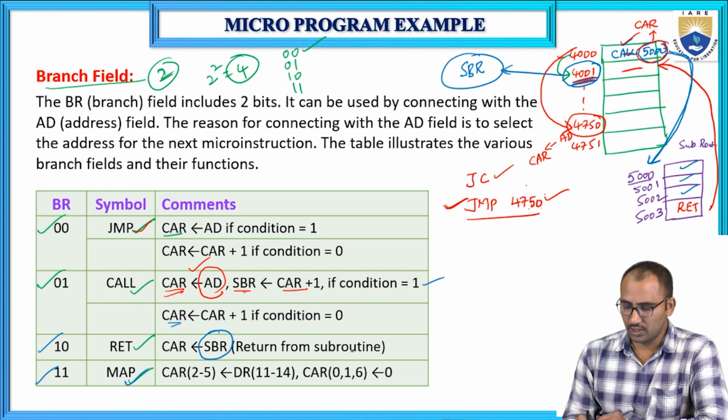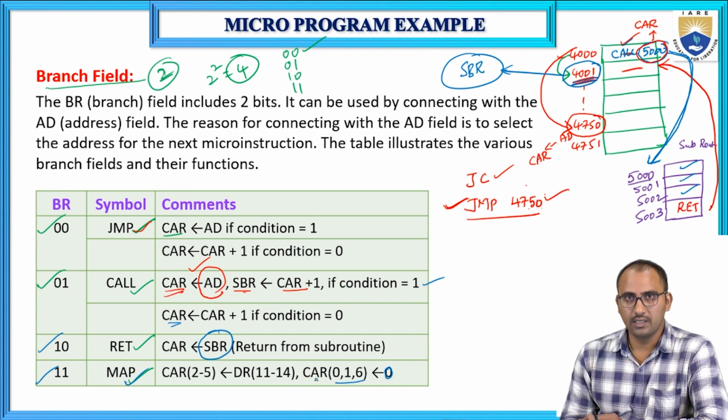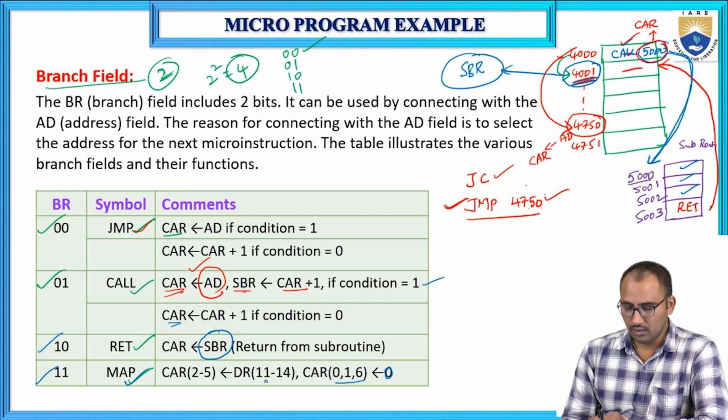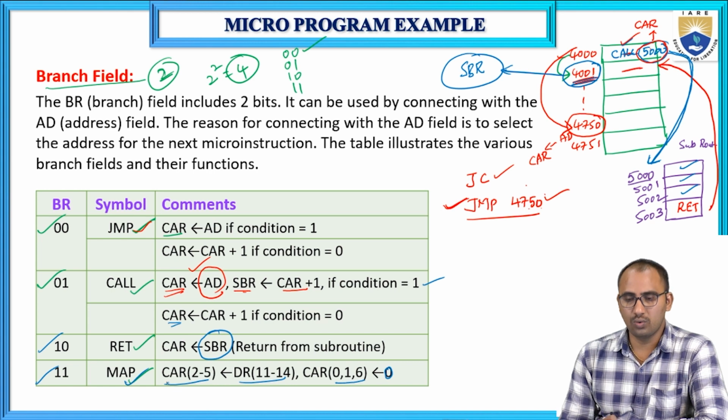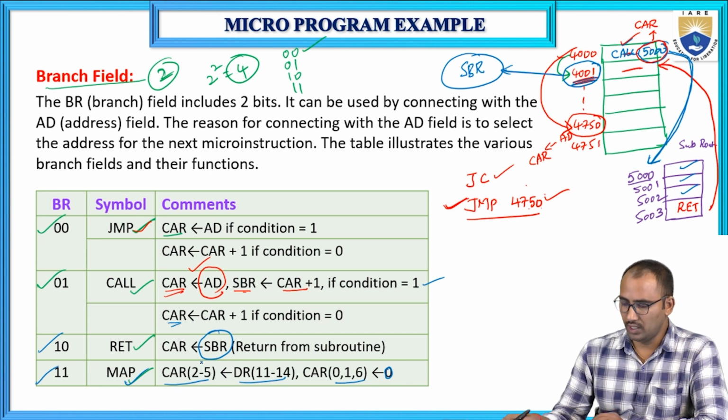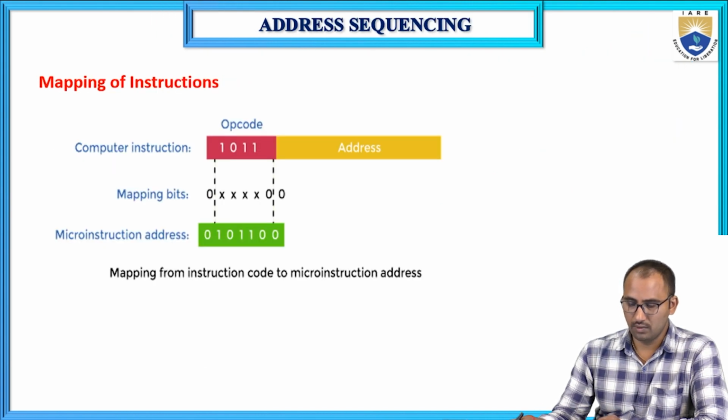Here, 0 is loaded into CAR bits 0, 1 and 6. Next, DR bits 11, 12, 13, 14 will be loaded into CAR bits 2 to 5. So here we can see these are the bits. This is CAR.